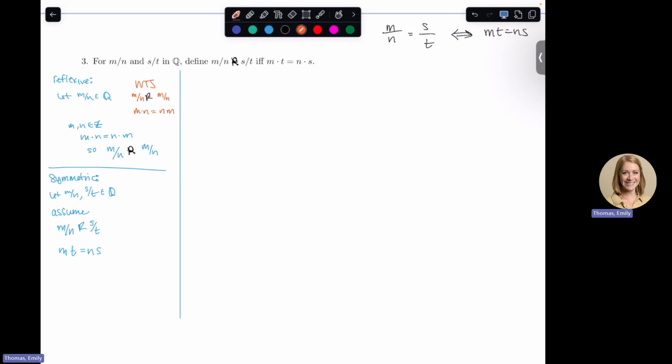What do I want to show? S over T is related to M over N. And what does that actually mean? S times N equals M times T. T times M, yep.